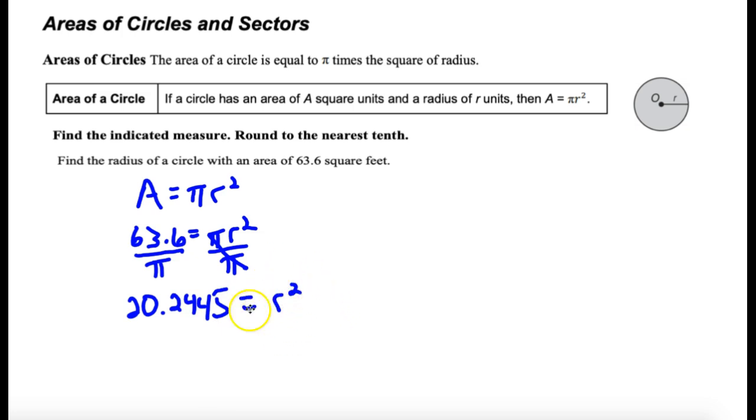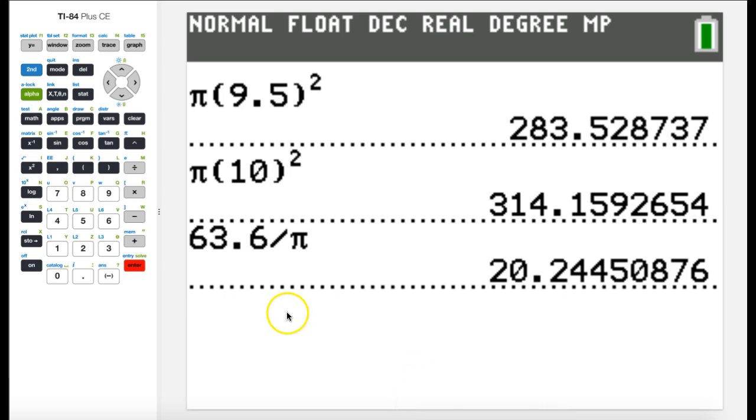So now, to undo the square, I want to take the square root of both sides of the equation. Now, in the calculator, we could type in the square root of 20.2445, but we could actually just do this. I do the second square root, and then if I want to just put this entire number under the square root bar, there's this answer, this ANS thing here.